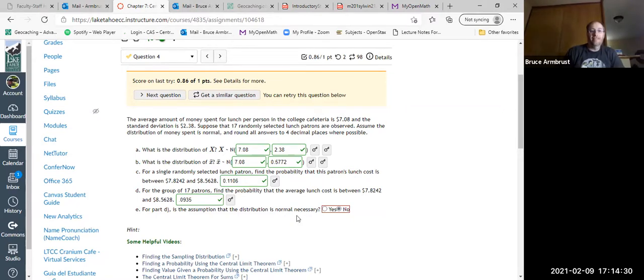All right. So Ali, hold on one second, I'll show you what to do there. I think they actually have a typo here, because for part D, is the assumption that normal is necessary? I actually agree, no, it isn't, because we're looking at the distribution of the sample means, and we already know that tends to follow a normal distribution.